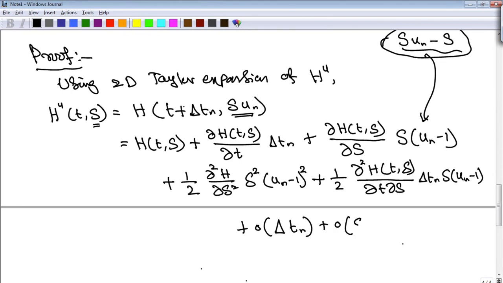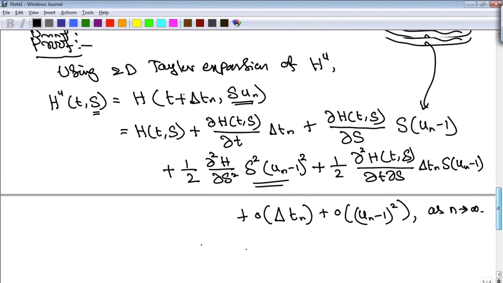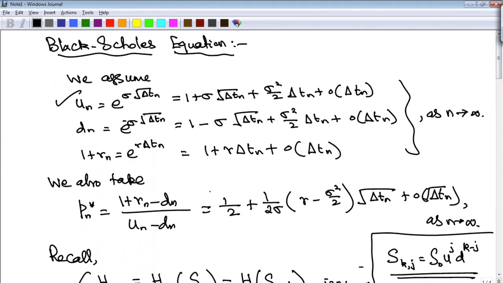And similarly, all the (u_n − 1) terms also are assumed to be very small as n tends to infinity. So that's the second order Taylor expansion up to order 1 in Δt_n. This is a second order term, but we will see how they get to have a first order effect. Now we will use, instead of u_n, this expression for u_n.